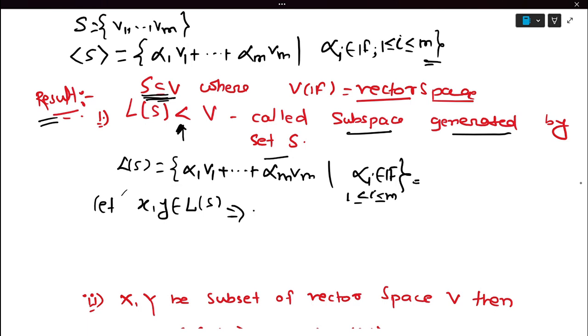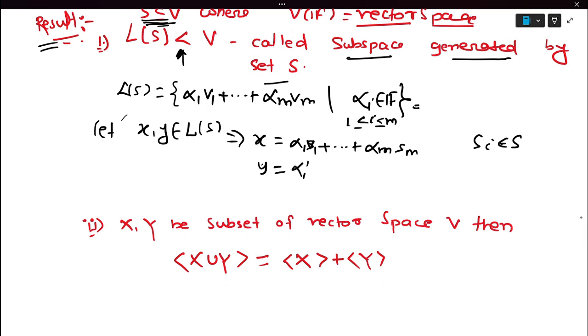What does it mean? x will be alpha 1 s1 plus ... plus alpha m sm, where the si belong to S, and y will be alpha 1 dash s1 dash plus ... plus alpha n dash sn dash, where the sj dash are also in S. The alpha i and alpha j dash may be the same or different, and the si or sj dash may be the same or can be different also.